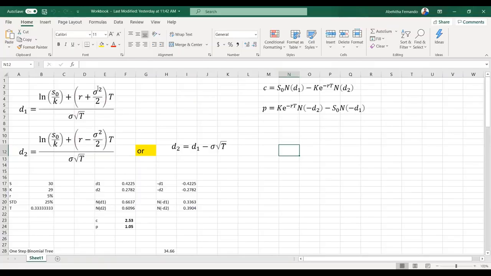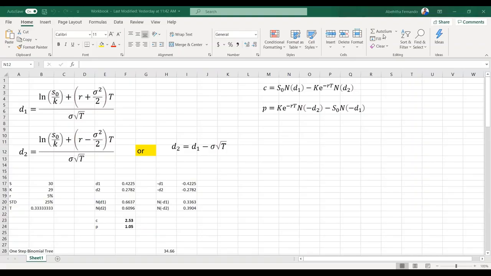I hope you can see this Excel sheet. These are the formulas that we use to calculate the call price and the put price under the Black-Scholes model. You must have learned, if you're using Black-Scholes, for what type of options can we calculate the price?